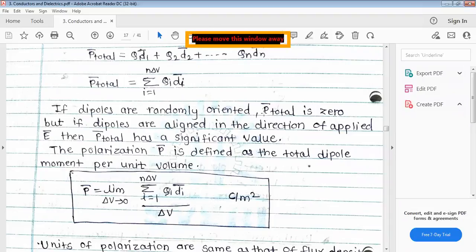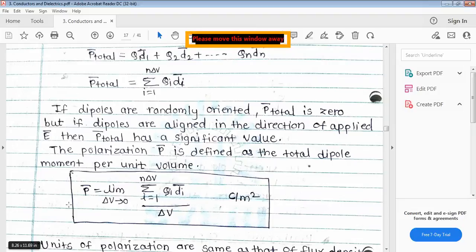But when you are applying E bar in a particular direction, then that P bar will be available there. The polarization P bar is defined as the total dipole moment per unit volume.